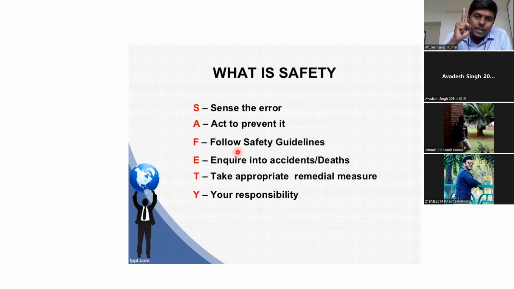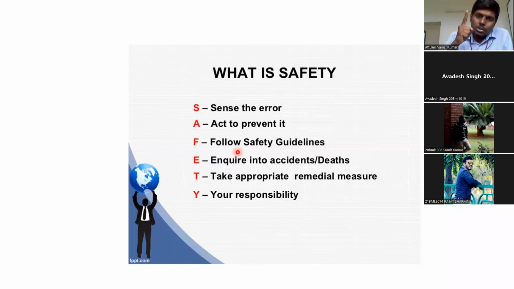If you make a mistake, we should be responsible for our mistake, and we must inform the higher authority. We cannot be selfish to keep our job secure. By keeping our job secure, we are potentially exposing many patients to death.